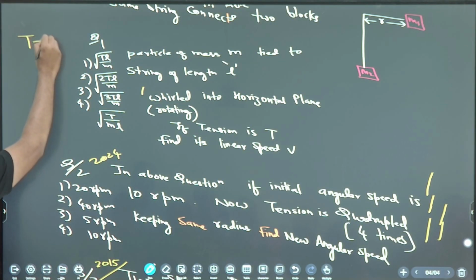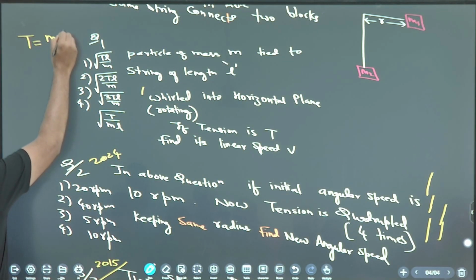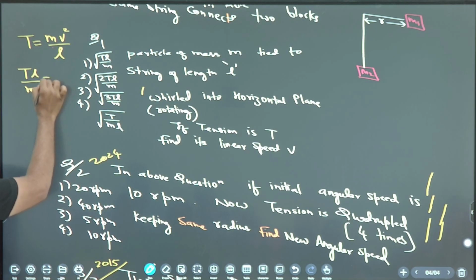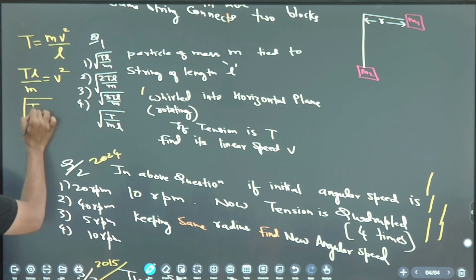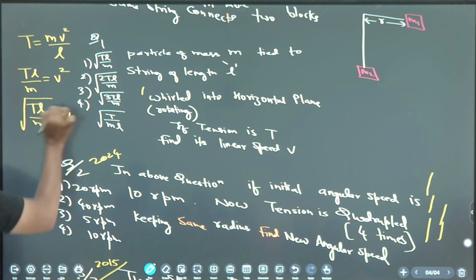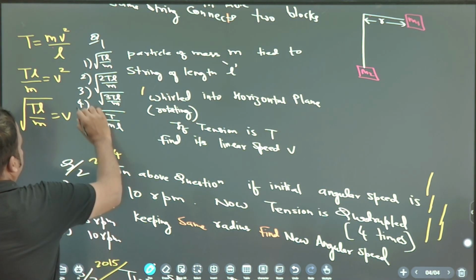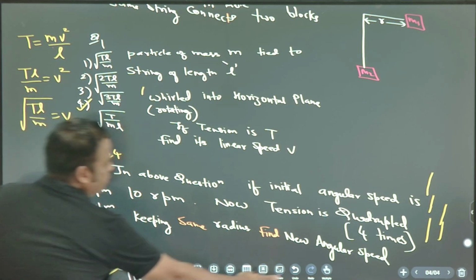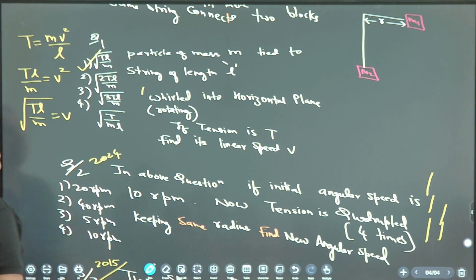That will be tension, m v square by L. So TL by m is v square. So square root of TL by m is v. First option, sorry, first option. The square root of TL by m.